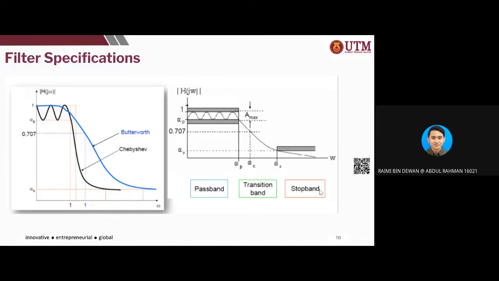You have this one as your pass band gain, and this one is your stop band gain. So you can see omega p is the pass band frequency, and this is the cutoff frequency, and this one is the stop band frequency. You can see a ripple, and the difference is actually your mx.